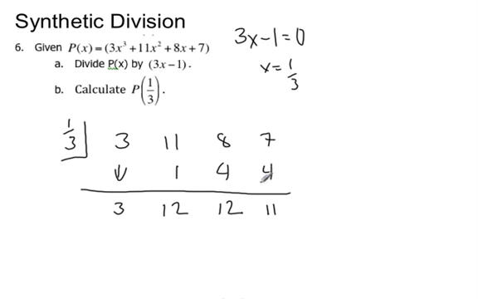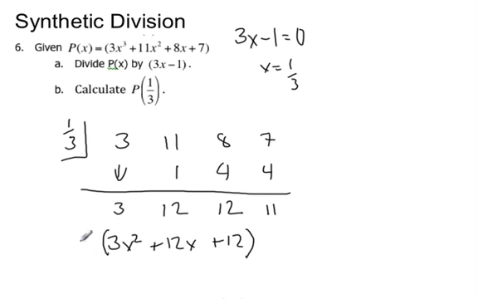So now what this all means is that this is a polynomial. If this is x cubed, this is 1 less, so x squared. So this is 3x squared plus 12x plus 12.